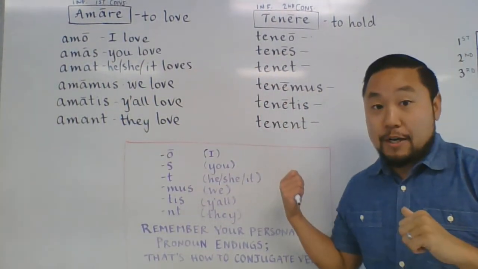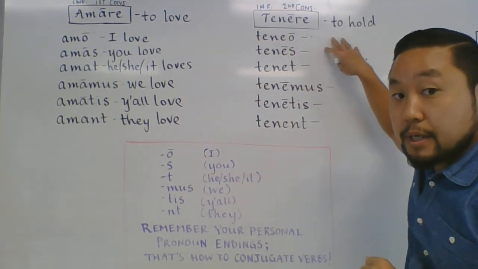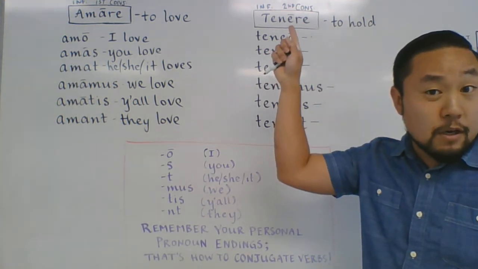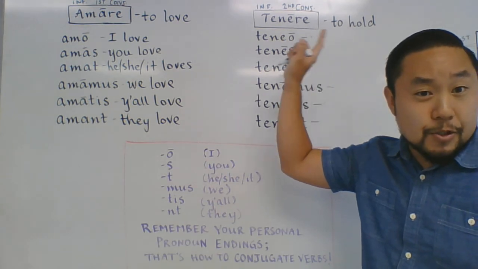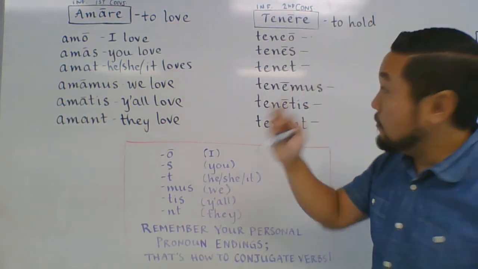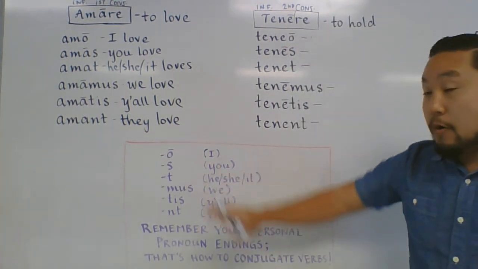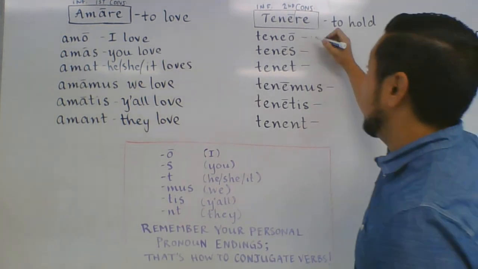What about ere verbs? With ere verbs such as tenere, which means to hold, we're going to do that same operation. What do we remove from the end of the infinitive form? How many letters? Just two. So we're going to remove these two letters, re, and then we add o, s, t, mus, tis, and nt, and then voila, we conjugated the verb.